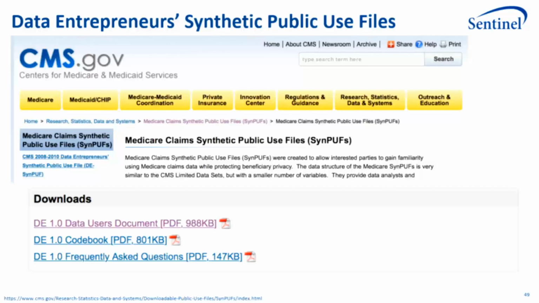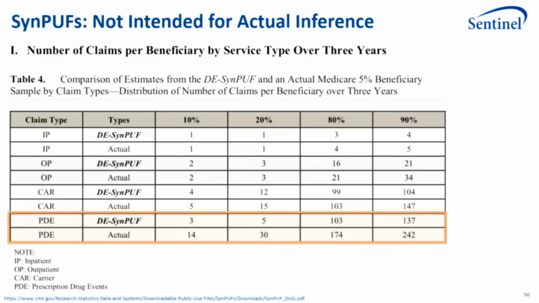As a point to that, I want to show a part of that deck. If you go to those links, there's a long report. I pulled one table for you. It's just to show you that the information there, when they have had to do this de-identification process, has changed somewhat. Here, PDE stands for a prescription drug event file.